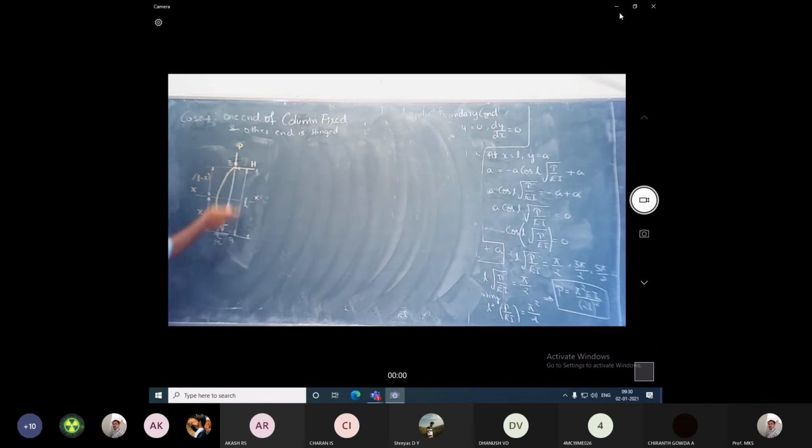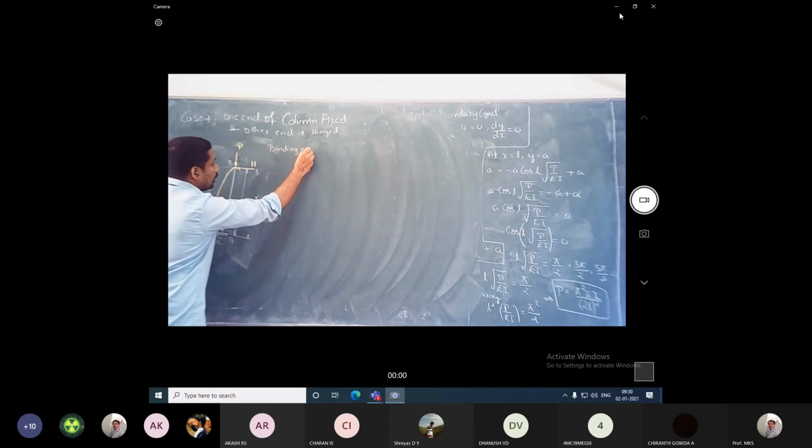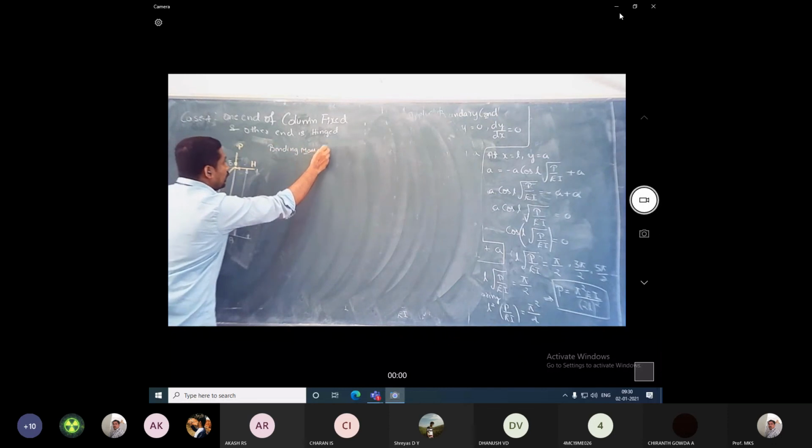The total length is L, so the remaining length is L minus x. Now we want to find the bending moment at the section X.